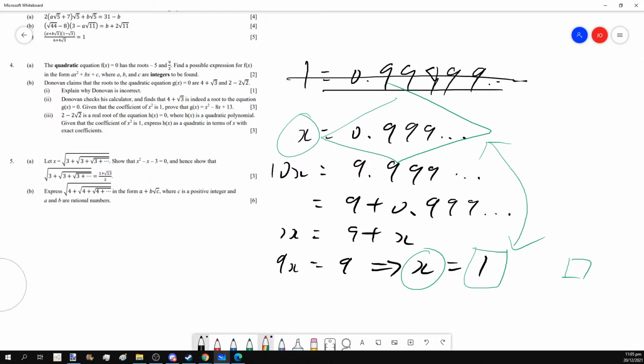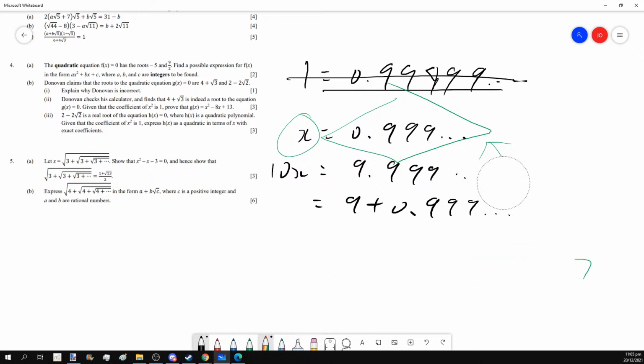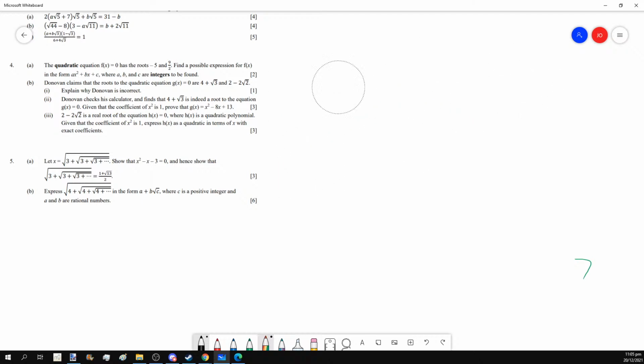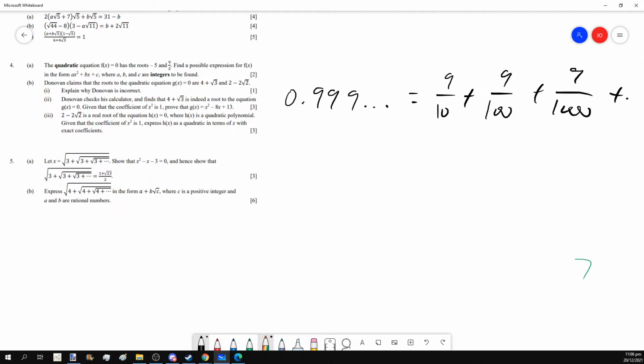For example, you can create a number pattern that adds up to 0.9999. This thing is actually equal to 9 over 10 plus 9 over 100 plus 9 over 1000 plus blah blah blah, which is then equal to 9 over 10 times 1 over 10 put under a summation.